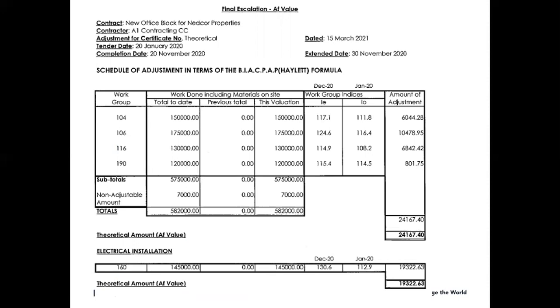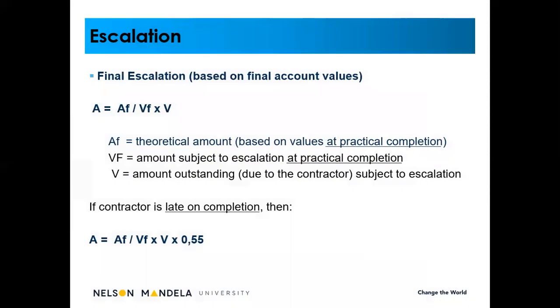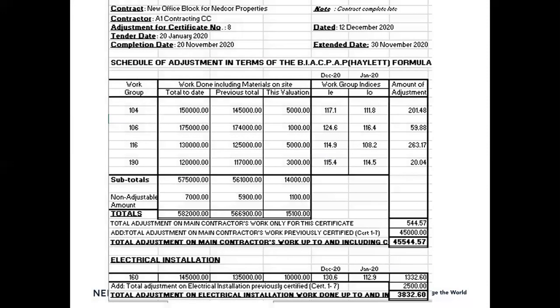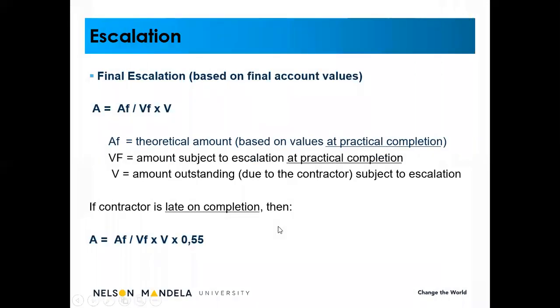Now, let's just go back to certificate number 8, which was the certificate at practical completion. There you'll see the figures exactly the same, and in the indices, everything the same. You're going to repeat the practical completion escalation certificate.